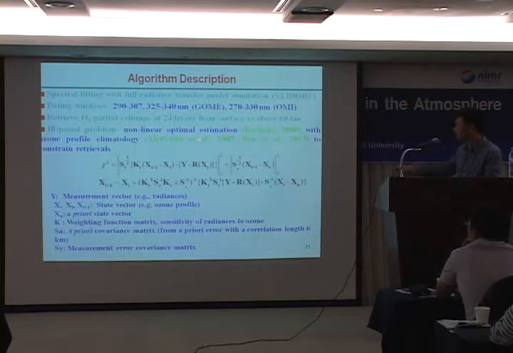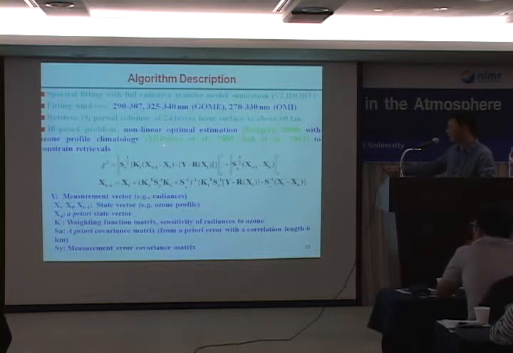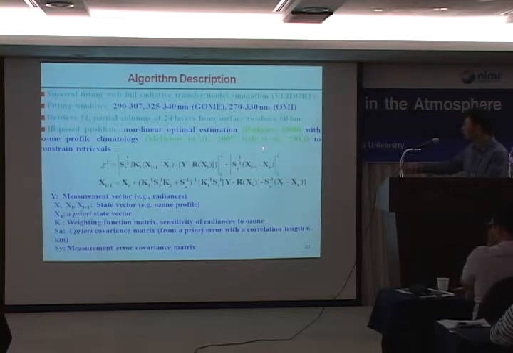Again, it's an ill-posed problem, so we have to use some a priori climatology. Right now we have used two kinds of climatology. One is the monthly mean and zonal mean climatology based on McPeters. And then recently, Sunny Park from Pusan National University has developed a tropopause-based climatology, which we have used to significantly improve the retrieval in the UTLS region. I'm going to share two slides about that.